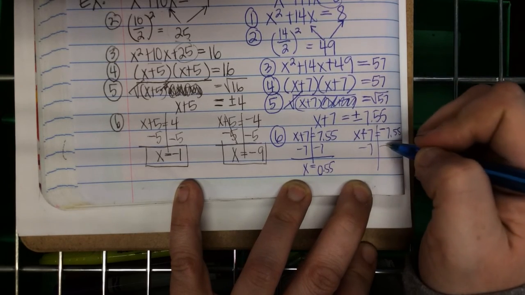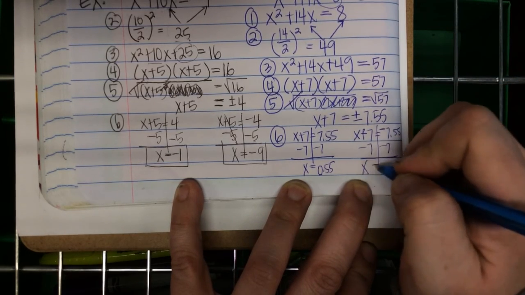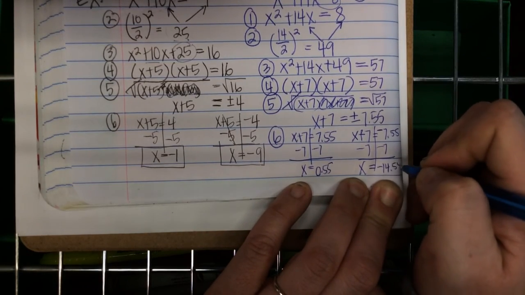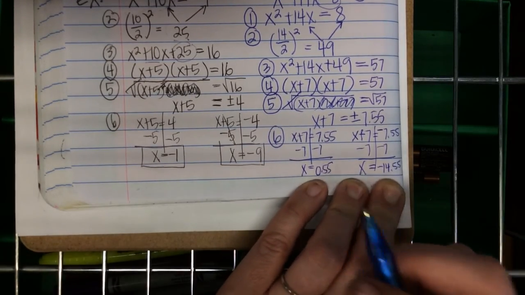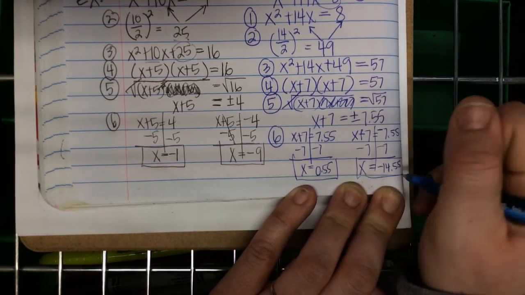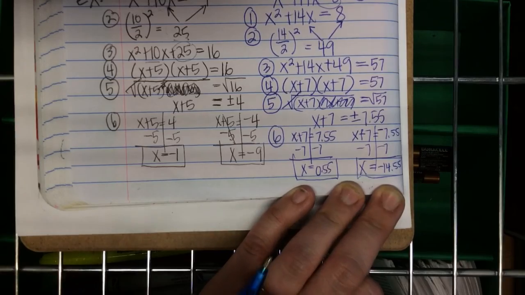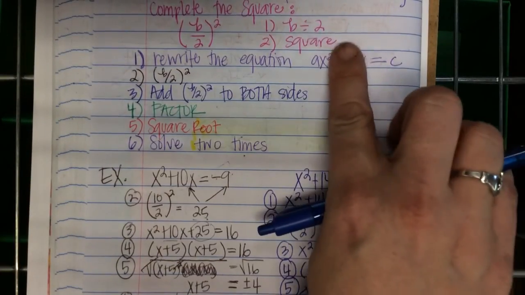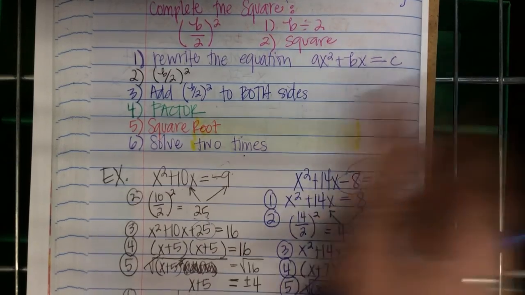Minus 7, x equals negative 14.55. Those are your 2 values. So again, if you follow these steps, step 1, make sure that the C is on the other side. They may not give you a C.